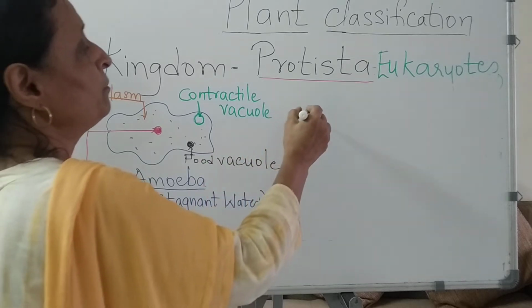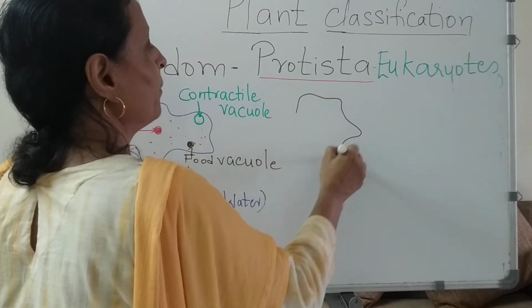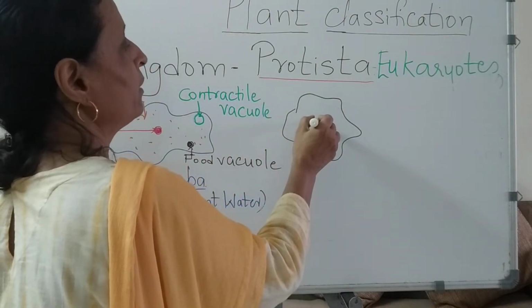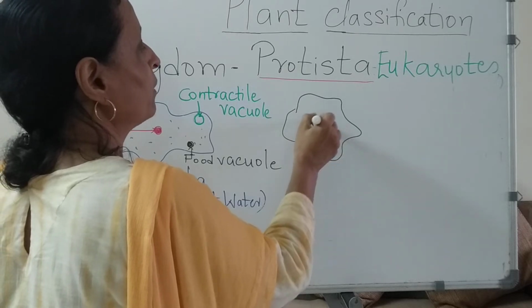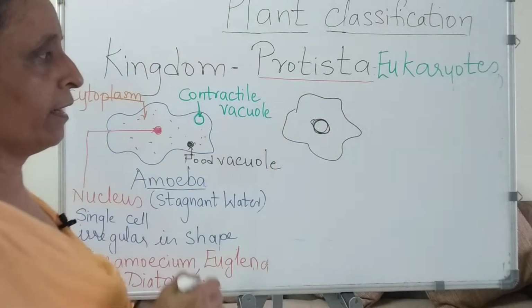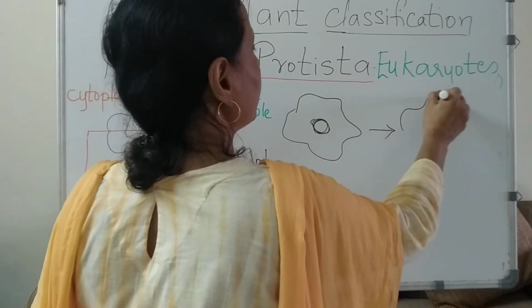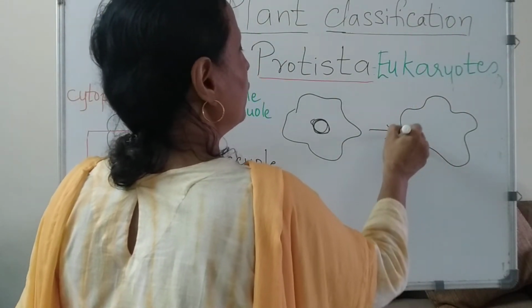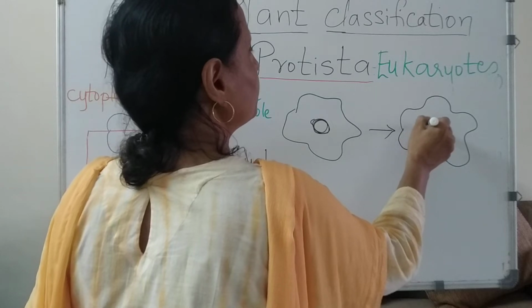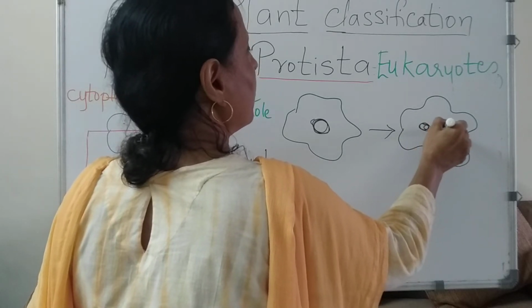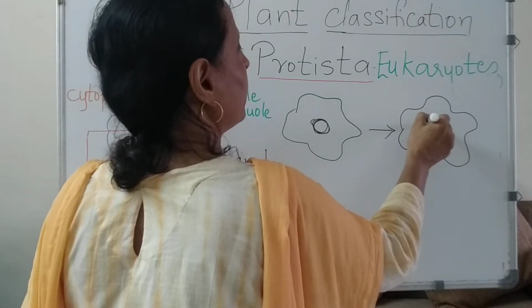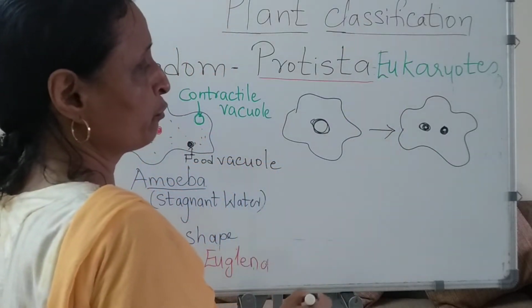So here one cell of amoeba, it has got the nucleus. It will enlarge. Now this nucleus is going to break into 2. Because it has enlarged, it has multiplied into double set, it breaks into 2.